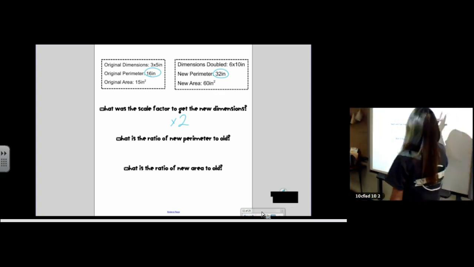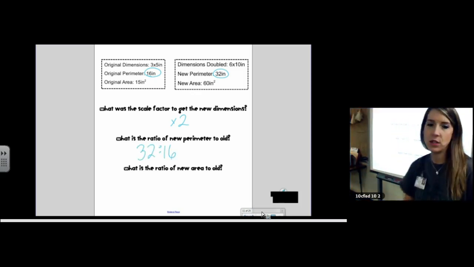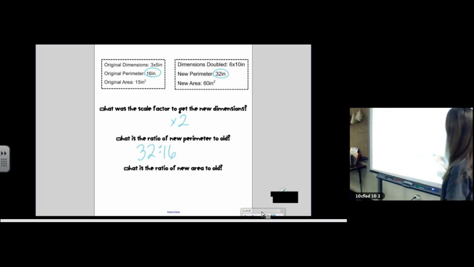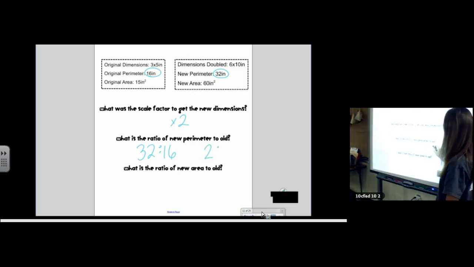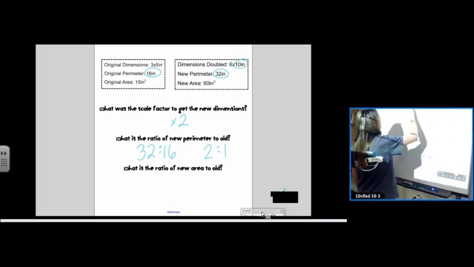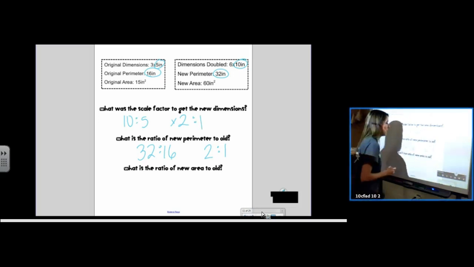Anyways, if I write that as a ratio, 32 to 16, what does that reduce to? 2 to 1. You can put it in your calculator. Just like if I put my sides here, 10 to 5, it also reduces to 2 to 1.